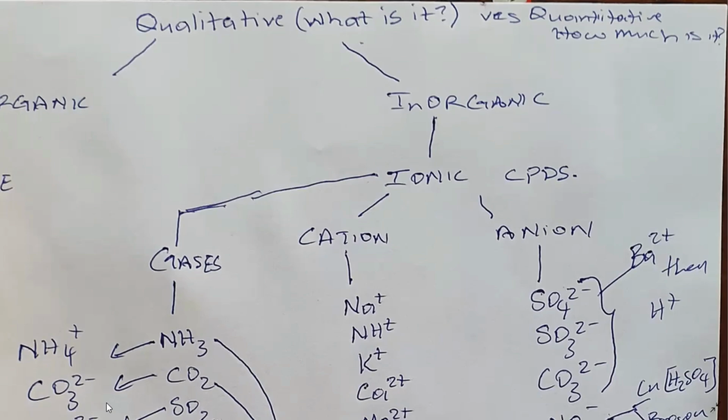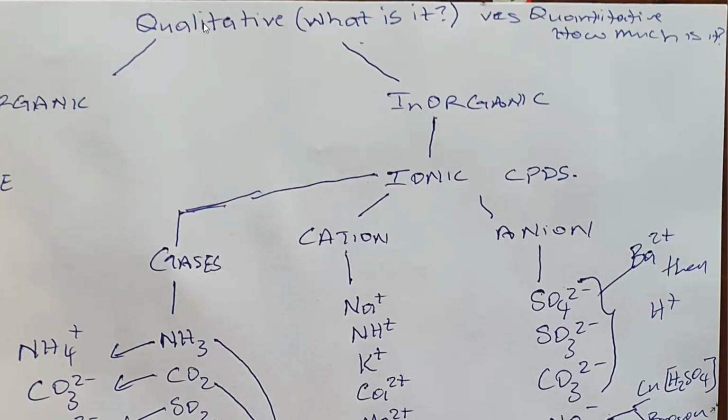So what we want to do today is look at qualitative analysis. As you can see on the screen, qualitative really is asking the question, what is it? What is it that I'm looking at here? You go to a crime scene, and you generally see these things on CSI.